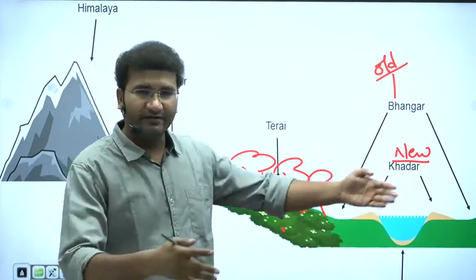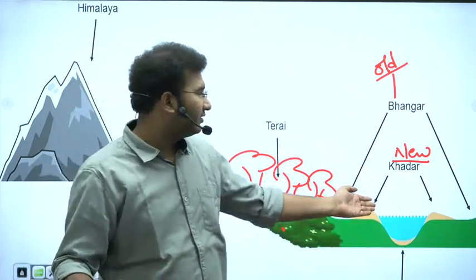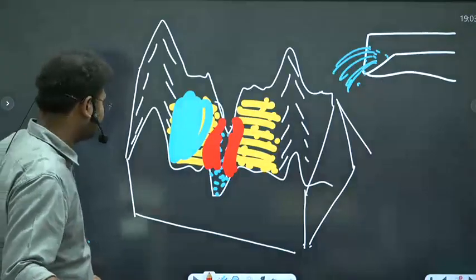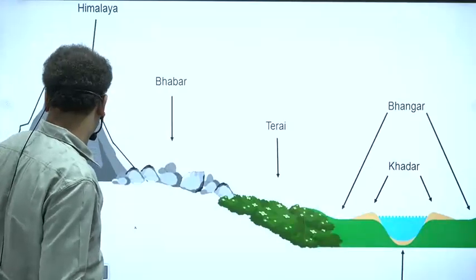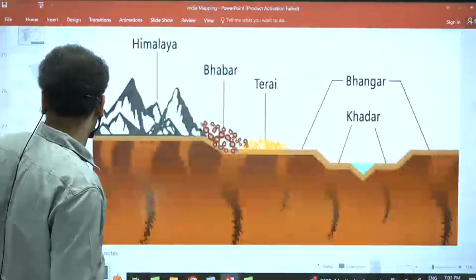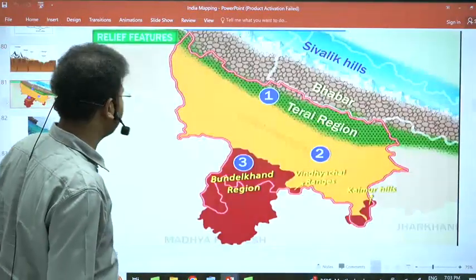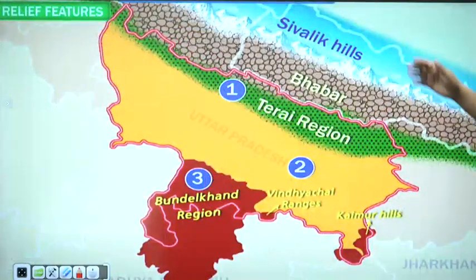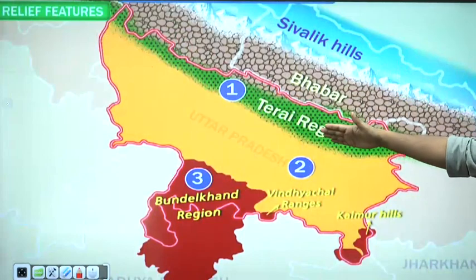Next to this, wherever you find a river, you have to watch it in the cross-sectional profile. It is like this. Try to watch in a cross-sectional area, like this. Shivalik Hills, Babbar, Terai region.